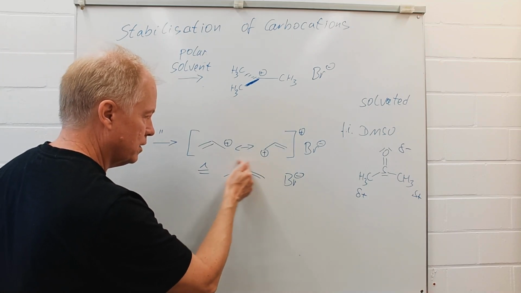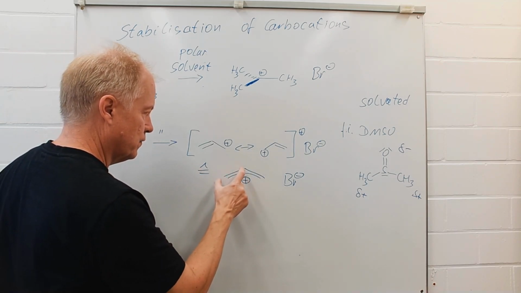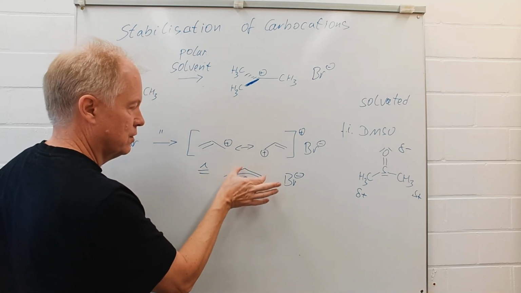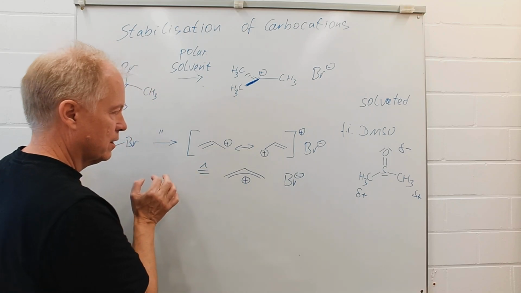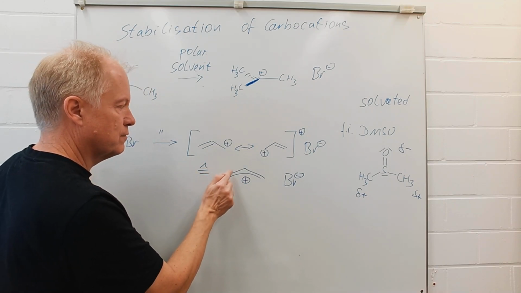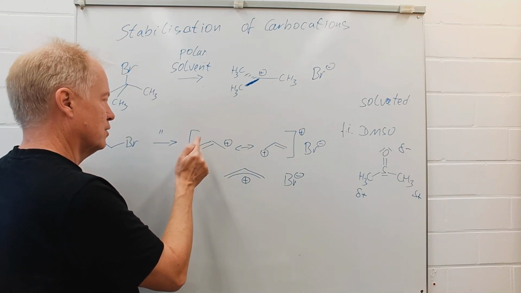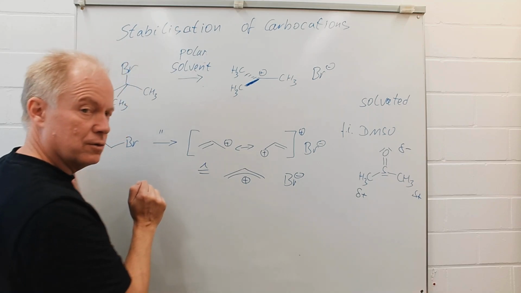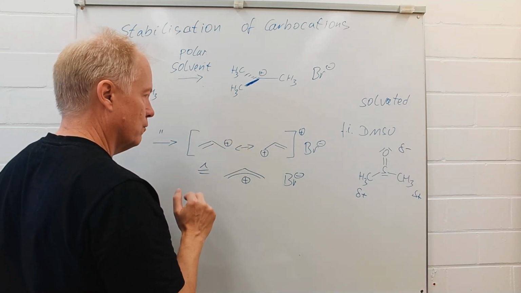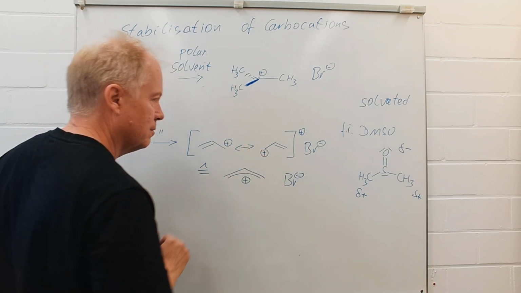We can draw it like this, because indeed the bond length of this side is the same as of this side. We have a bond order of 1.5 on each side and not 2 on one side, 1 on the other side as the bond order and somehow flipping. No, this means the truth is in between.